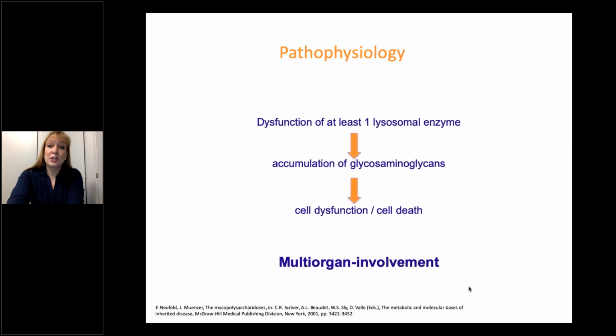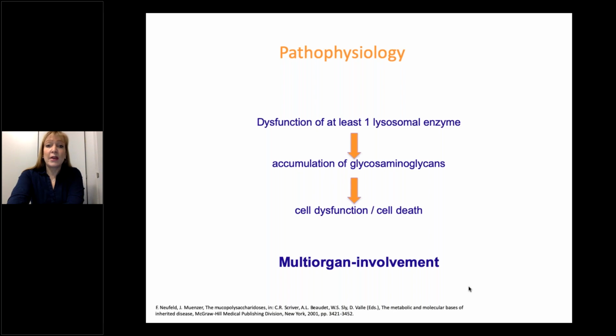The pathophysiology is easy. It is the dysfunction of at least one lysosomal enzyme, and this leads to the accumulation of products that should be recycled or cleaned from the body. This storage of glycosaminoglycans in MPS, or oligosaccharides in mannosidosis, leads to cell dysfunction and cell death.